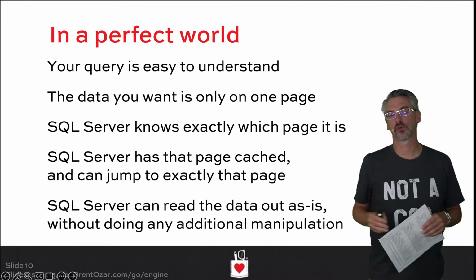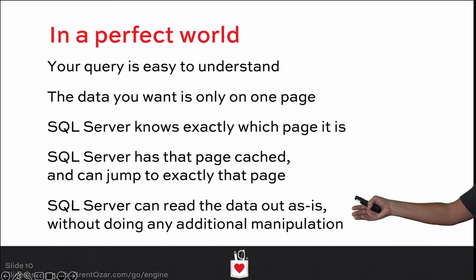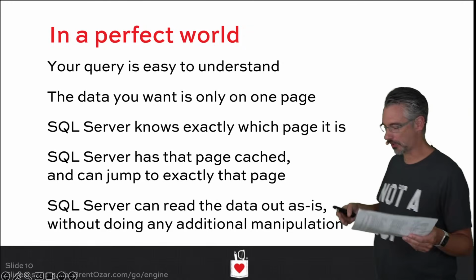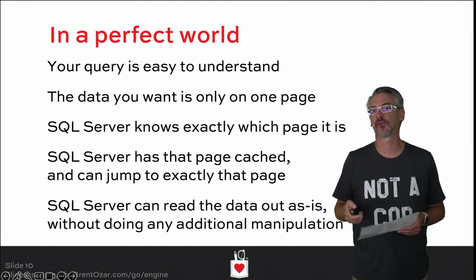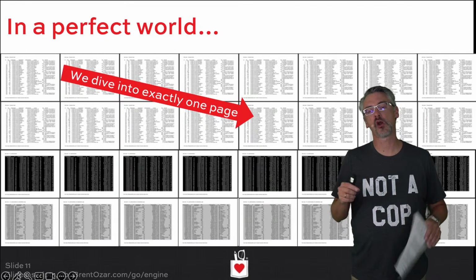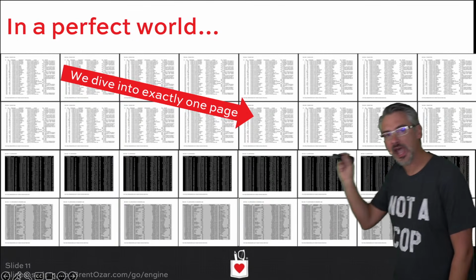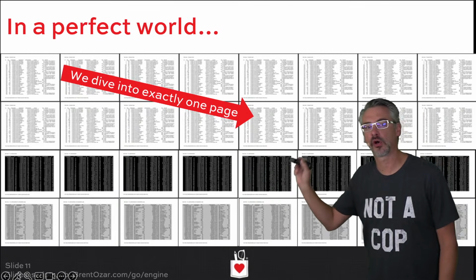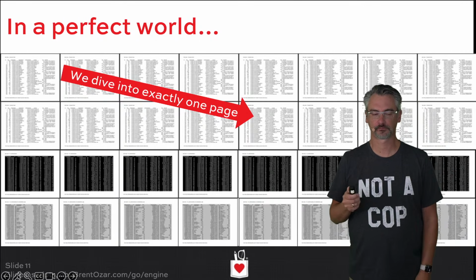And in a perfect world, SQL Server can simply read that 8K data or whatever, how much data you grabbed, out as is without having to change it. You didn't ask SQL Server to run a bunch of complex functions, for example. In that perfect world, our queries are extremely fast because SQL Server knows exactly where it needs to dive bomb down into in order to fetch the data that you need.